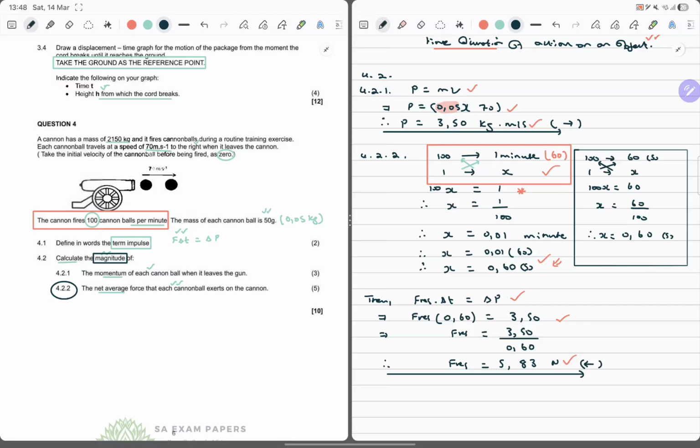So it is because of the cannon. But that same force is the one that the cannonballs exert back onto the cannon. So it should be in the opposite direction. And I think for that, this is significant for a mark. But since the statement said magnitude, well, whatever.